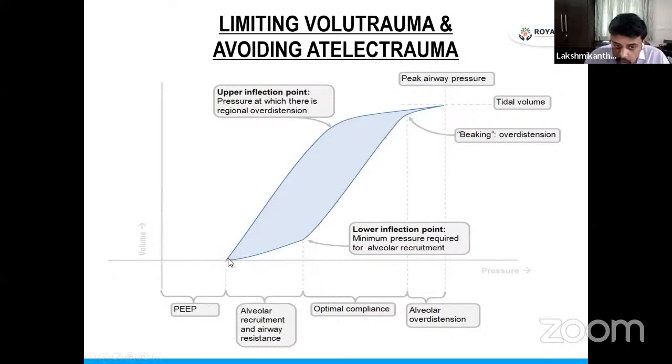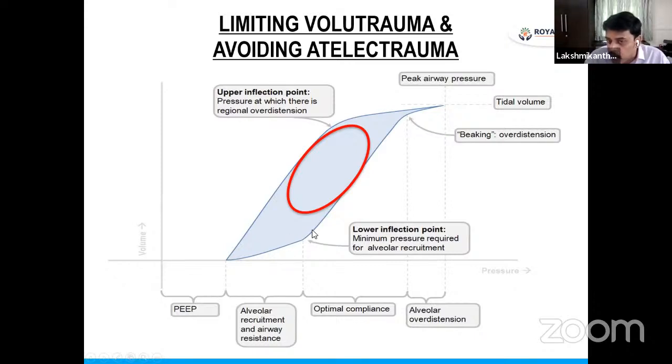This lower limit is the point where you need to keep your PEEP, and this is called the lower inflection point, where the compliance of the lung starts improving exponentially, and this is called the upper inflection point, beyond which the lung starts over distending. So we need to ventilate the patient in between these 2 points, your upper inflection and your lower inflection point.